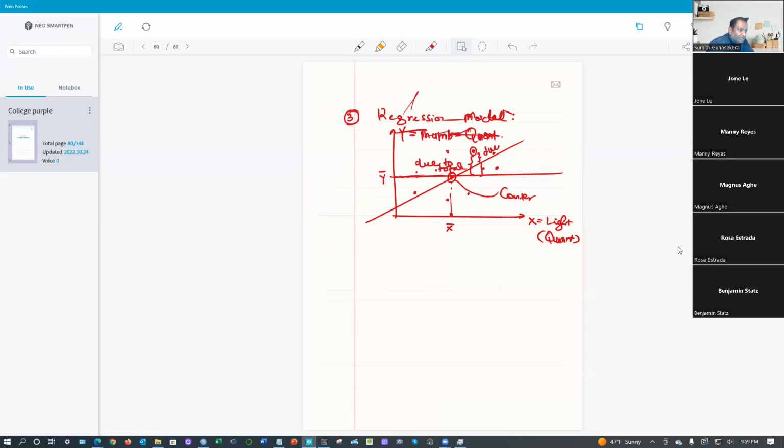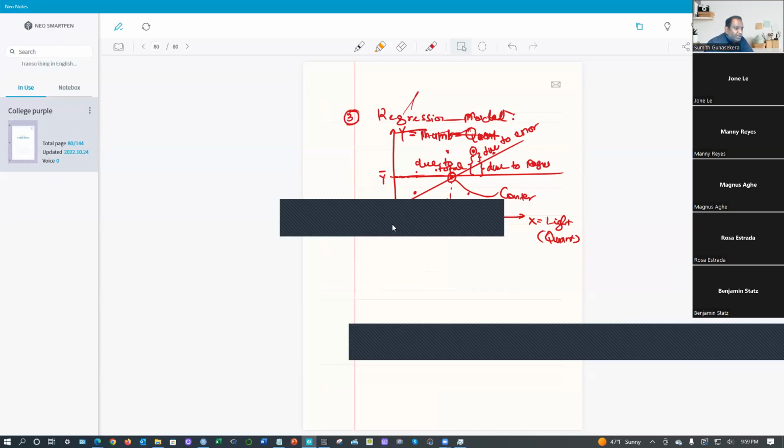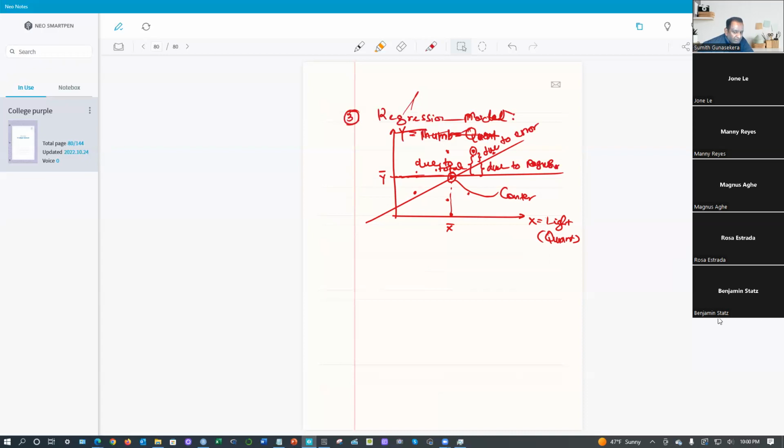That gap, that's the error. This one due to regression, being regressed. That gap.